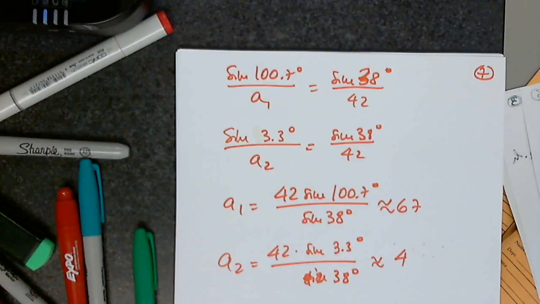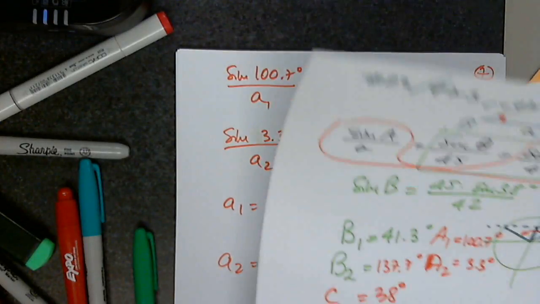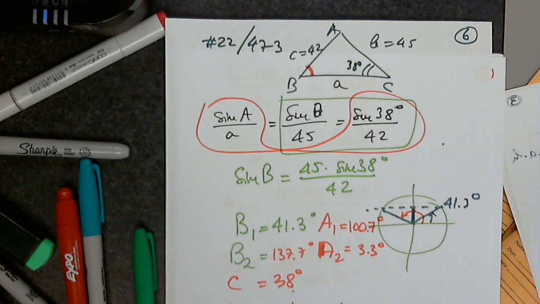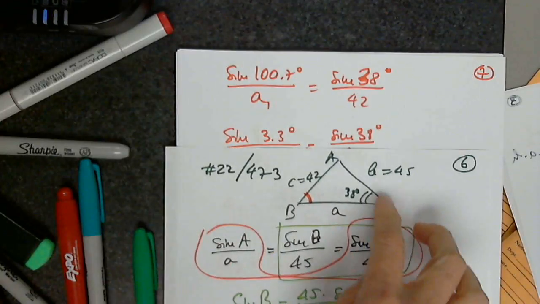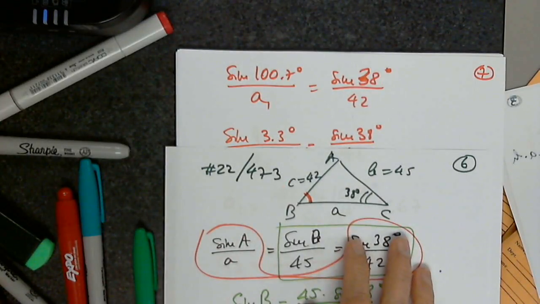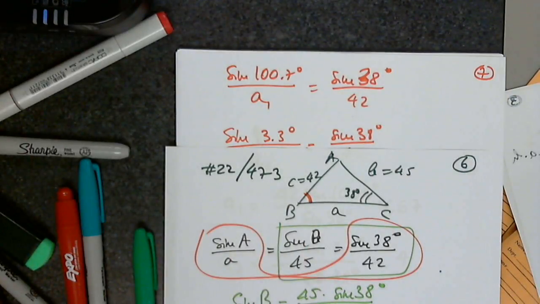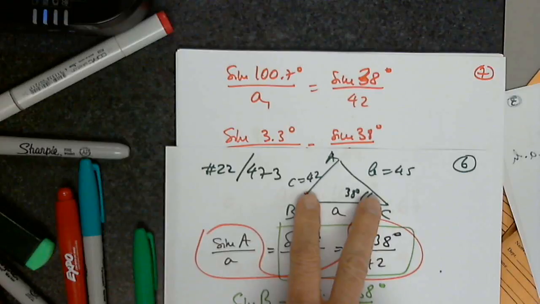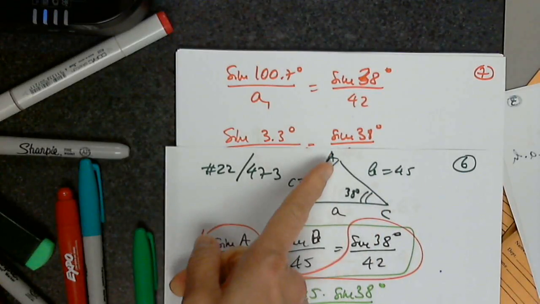Yes, Chris? I don't get A1, A2 again. For the lowercase? No, the angle. Angle A. The sum of the angles in any triangle has to be 180. So if I have B1, which is 41.3, and I have C, which is 38, I subtract these two from 180 to get that.